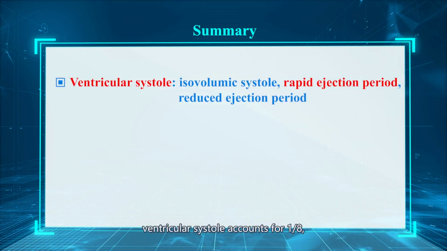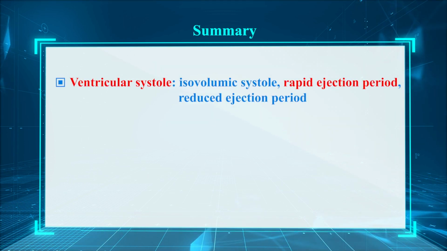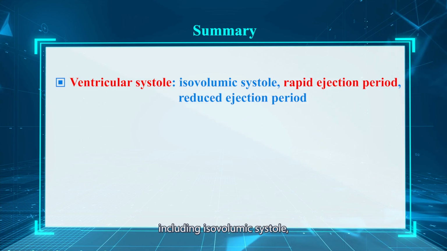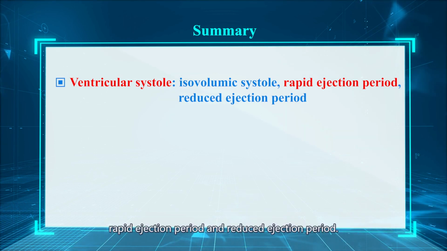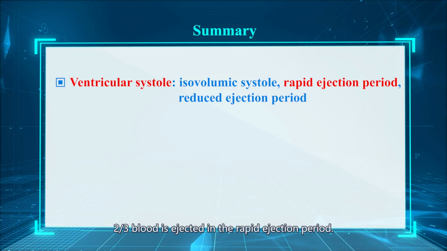Let's summarize what we have learned. Ventricle contract, relax alternately to complete the pumping function. In cardiac cycle, ventricular systole accounts for 3/8, including isovolumic systole, rapid ejection period, and reduced ejection period. 2/3 blood is ejected in the rapid ejection period.